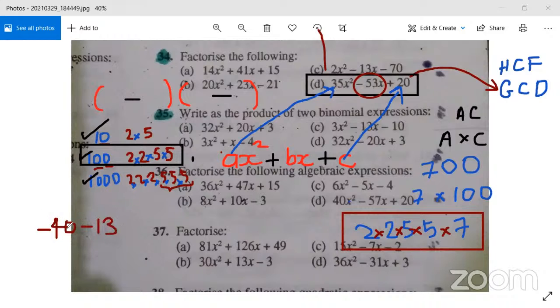Now, I remind my students, whenever they see the signs, once the signs are the same, you are going to perform an addition between the two numbers, right? If both numbers are positive, you add the numbers. If both numbers are negative, you add the numbers, right? Because you're not multiplying. Since you're not multiplying, you're going to be adding the numbers.